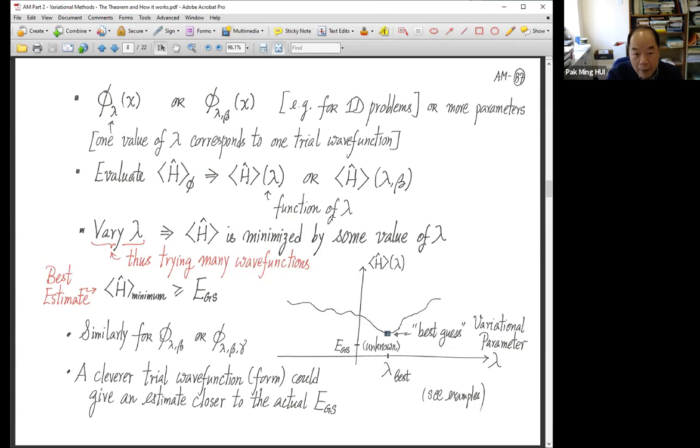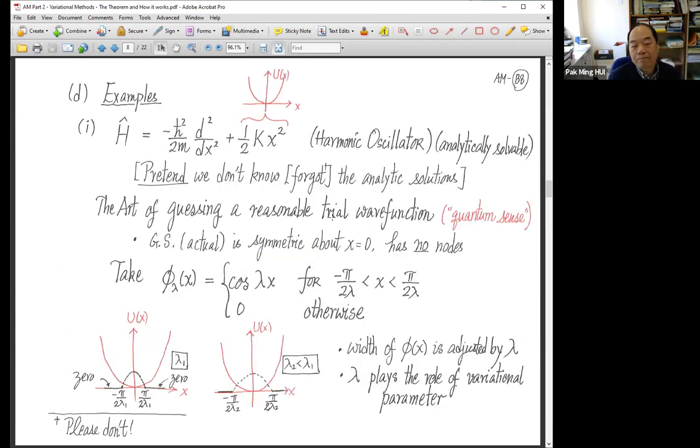Let's see an example, okay? So the problem is a harmonic oscillator. You may say, that's silly, I know how to solve it exactly. Very good, okay? But let's pretend that we forgot the analytic solution, the ground state energy, okay, which is half h bar omega.